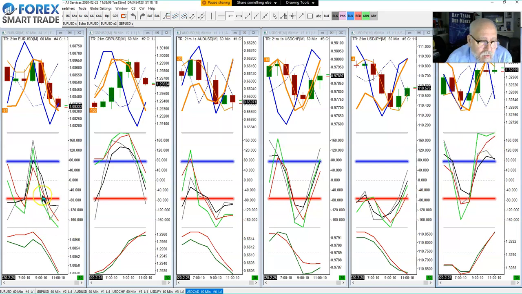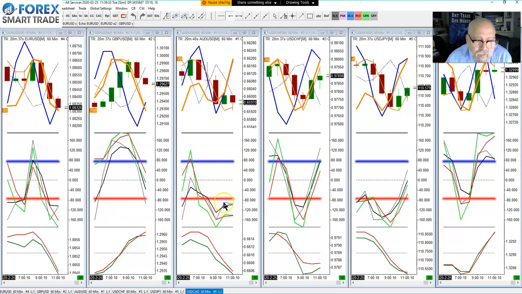If I see them oversold, then I want all the lines to be pointing up, and I want to see a double cross. So here on the Euro dollar, I don't have that. Pound dollar, they're in the channel, and they're more than halfway, so I'm going to pass.